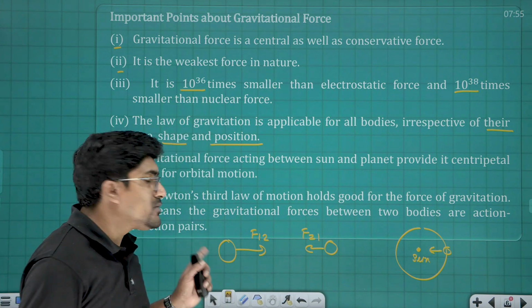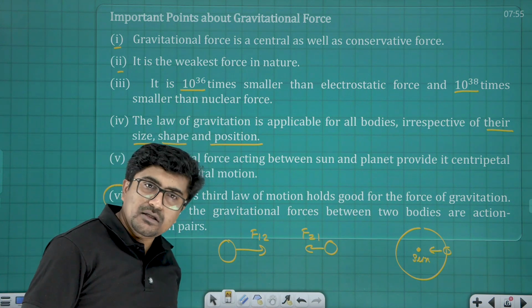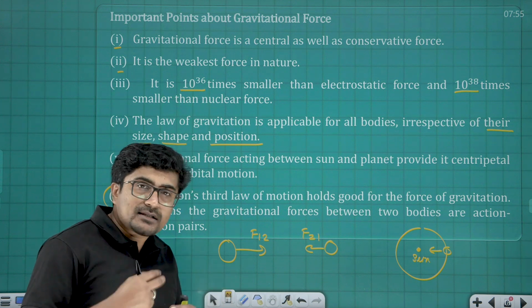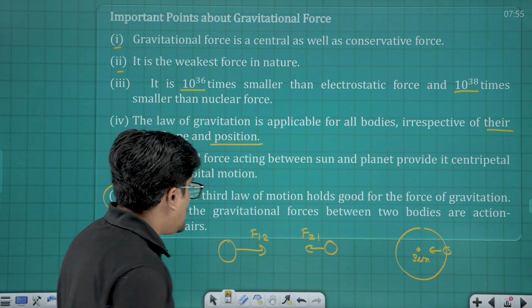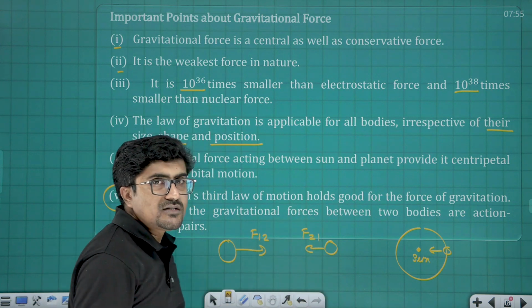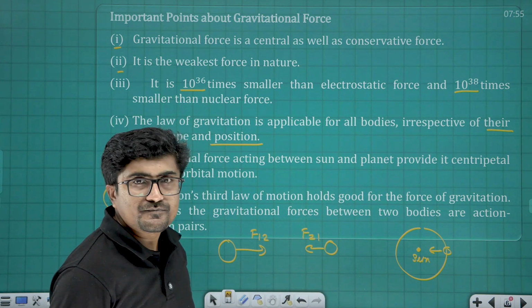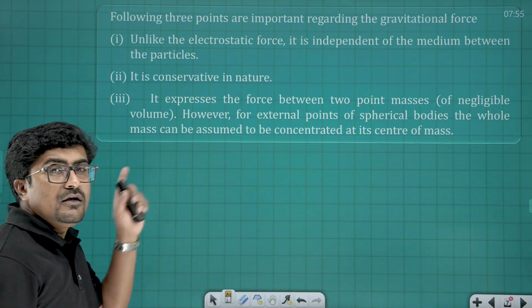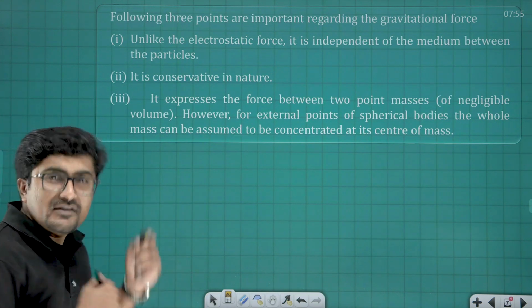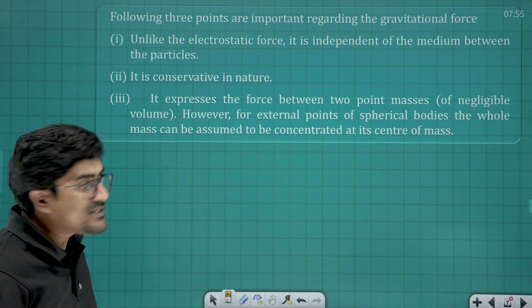If it was acting on the same body, then only the possibility of cancellation was there. Since action and reaction act on two different bodies, they are never going to cancel each other, so never assume that the net force experienced by this body is zero. No, not at all.